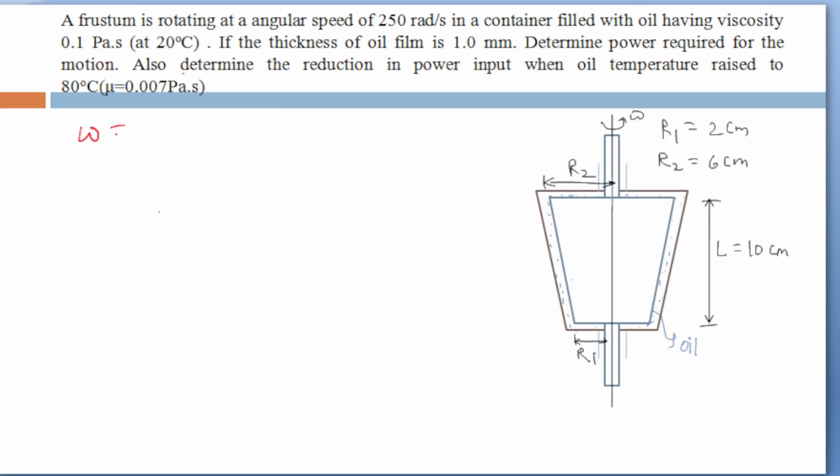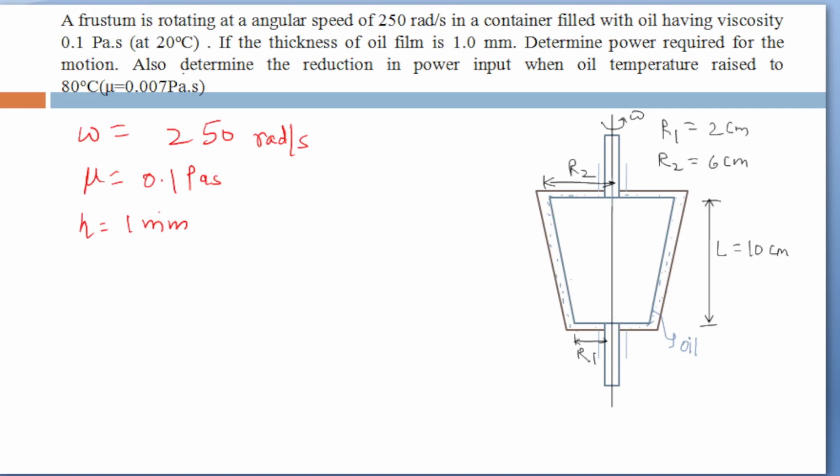So the angular speed is given as 250 radian per second, the viscosity is 0.1 pascal second, and the oil film thickness is 1 mm. As we can see, the frustum is surrounded by the oil and it has a varying cross section.